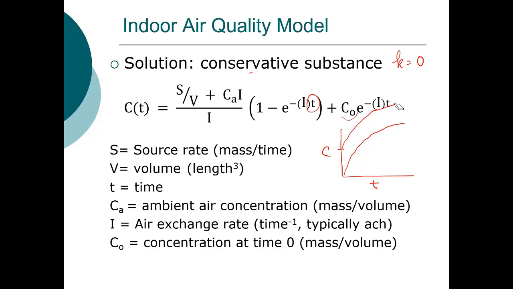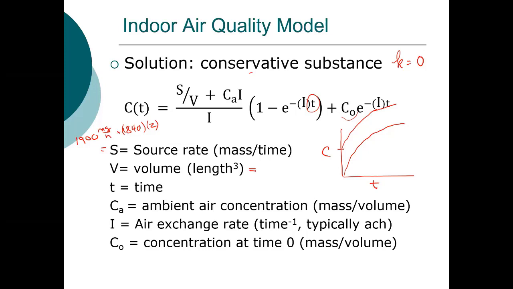So for the previous problem, S is equal to the 1900 milligrams per hour plus 1840 times 2, because we have 2 burners and an oven. The volume is equal to what?